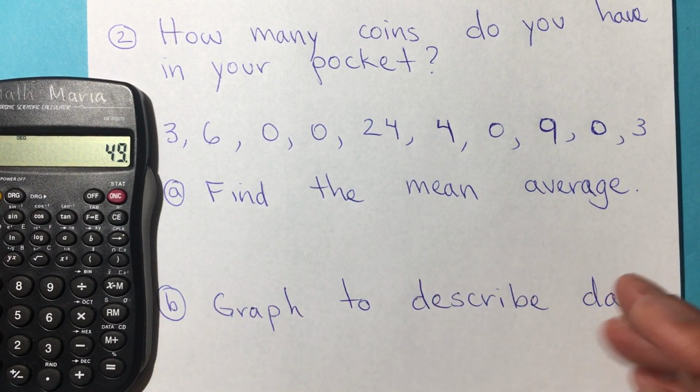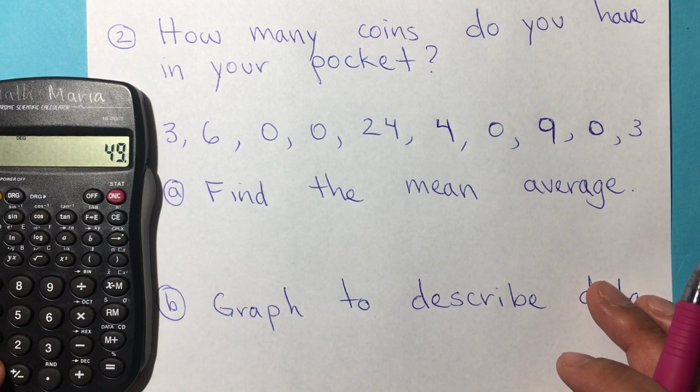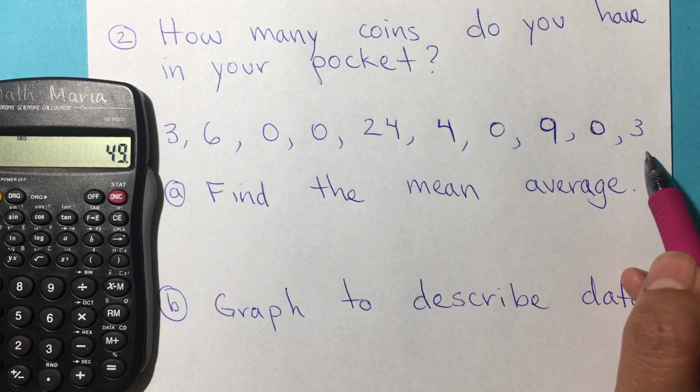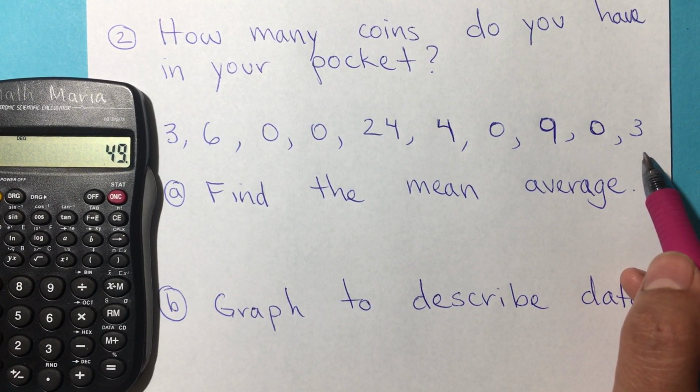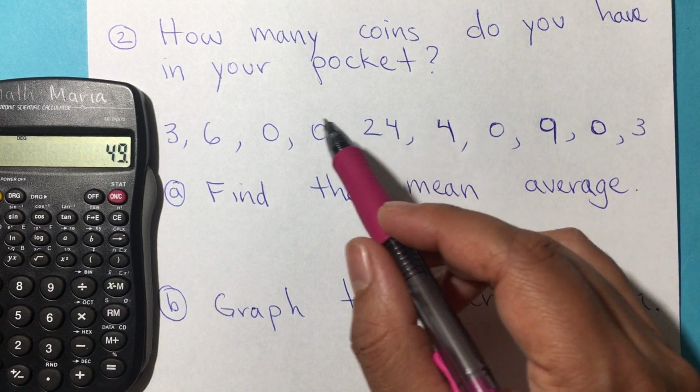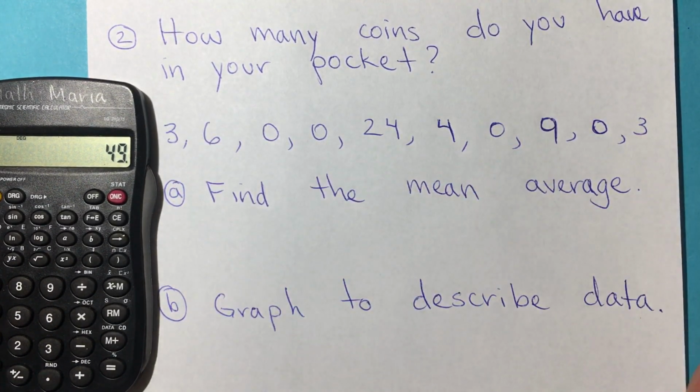Again, you don't need to add 0. If you add 0 plus 0, it just stays the same, okay? So now we're going to divide by the number of items. And yes, we include the zeros. So 1, 2, 3, 4, 5, 6, 7, 8, 9, 10.